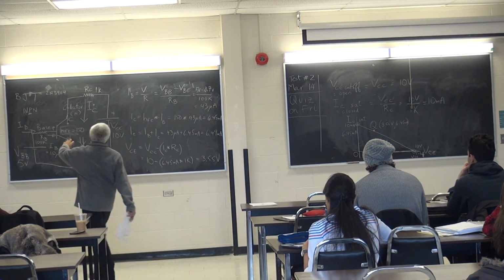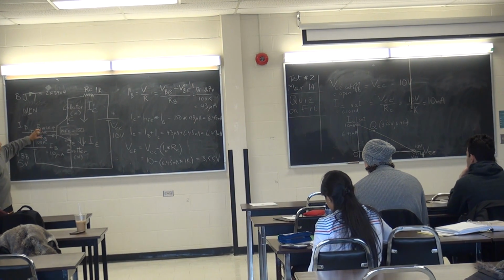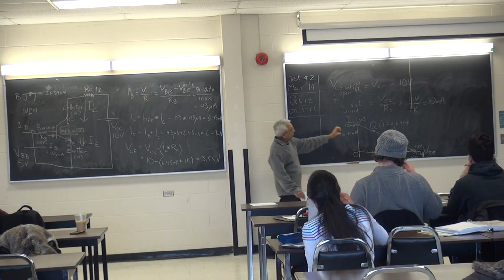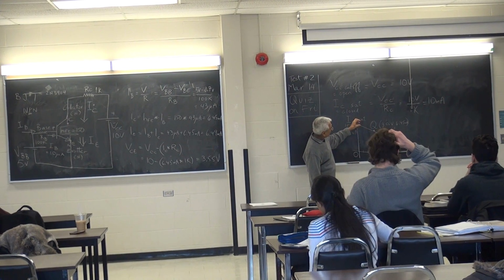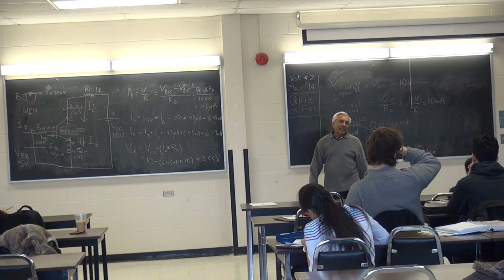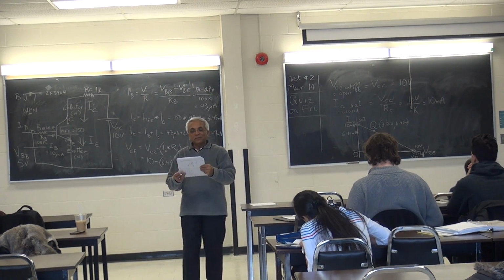If I was to change this value of RB to another value, it means that I'm changing the tap. So that might change the value of the collector, which will shift my Q point. It might get closer to saturation. It might get closer to cutoff. That's how you design transistor circuits.